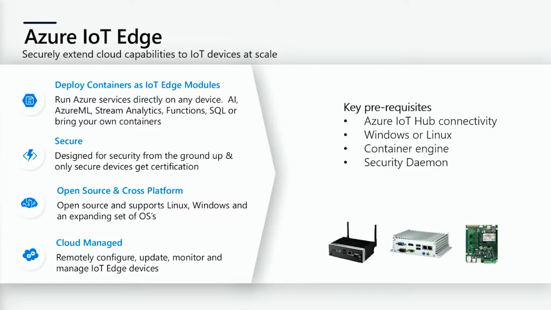So what does it enable us to do? It enables us to run containers on the edge, as mentioned previously. It also has a security daemon on top of it, where you can securely connect to the cloud via TPM, certificates or key pair. There are also some cool new services coming in this regard.